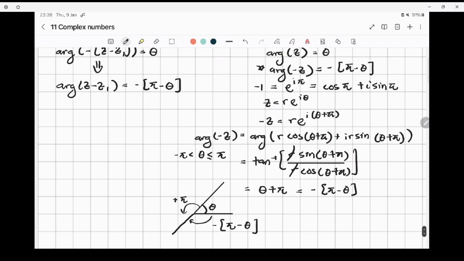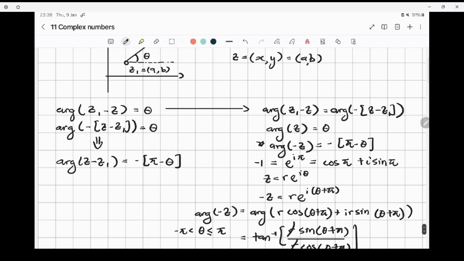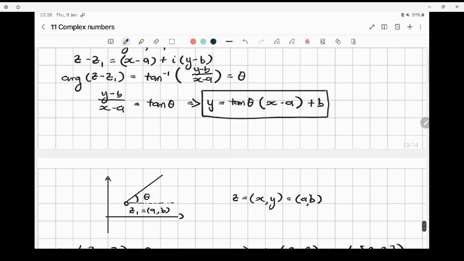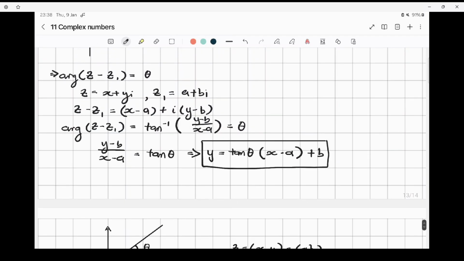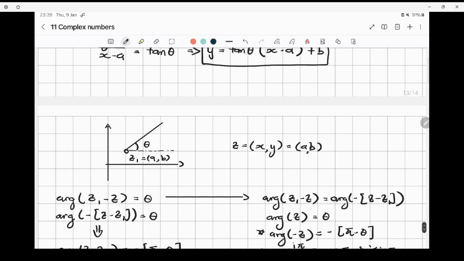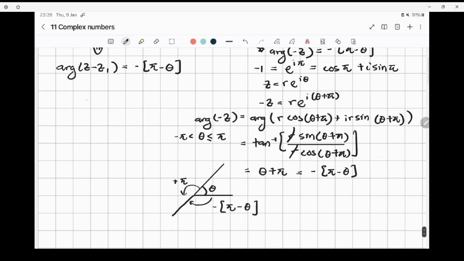So geometrically speaking, before this, when you have the argument of z minus z1 equals theta, you draw the upper part of your line. So now, because of this particular diagram, let's say this is your point, which is z1.